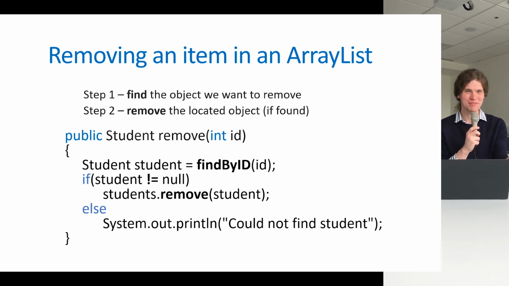We don't want to remove something which shouldn't be removed. So the else condition here is that we couldn't find the student. Okay, so just remember that process. First of all, find the object you want to remove, and then once you've found it, then you can remove it. Okay, there's more to say about the removal process, but we'll cover that in the next lecture.